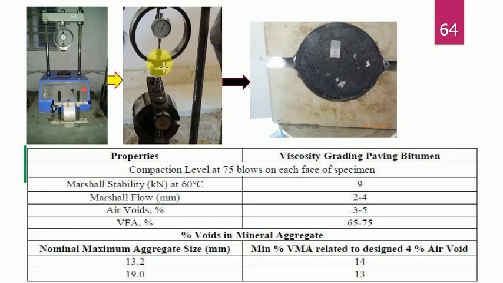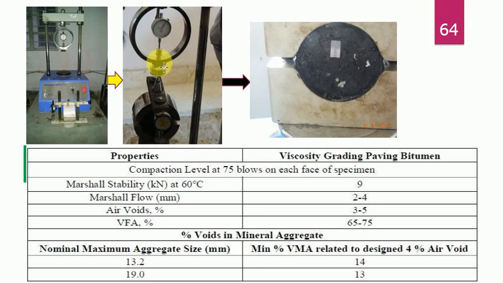Marshall stability of the bituminous mix is basically the maximum load carried, in say kg or kilonewton, at the standard test temperature of 60 degree when the load is applied under the specific test conditions. So here we can calculate the stability value as well as the flow value.